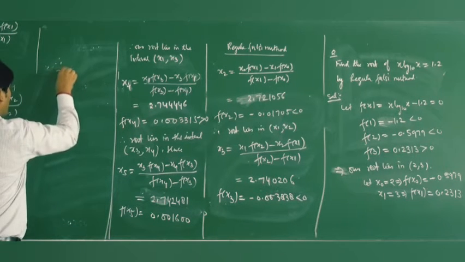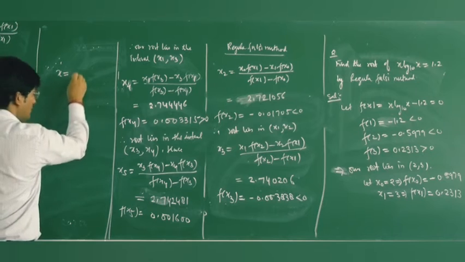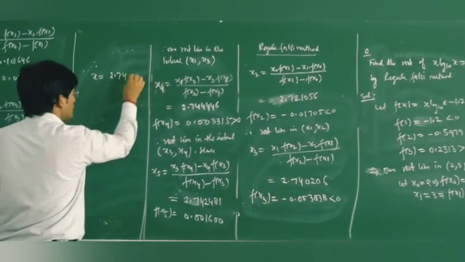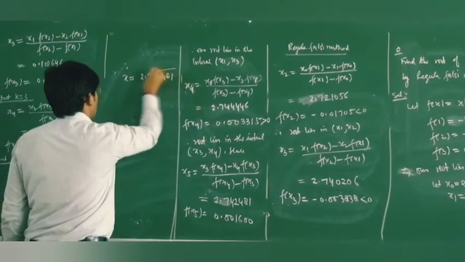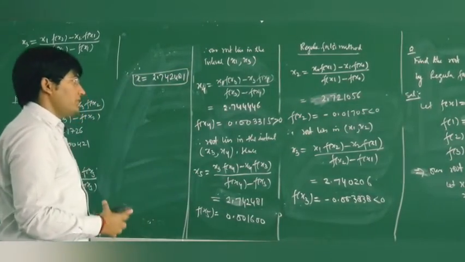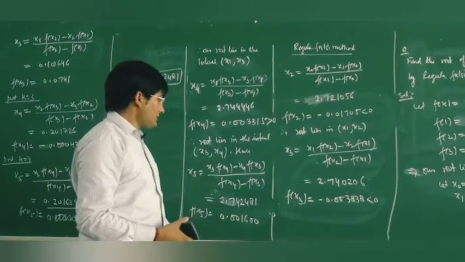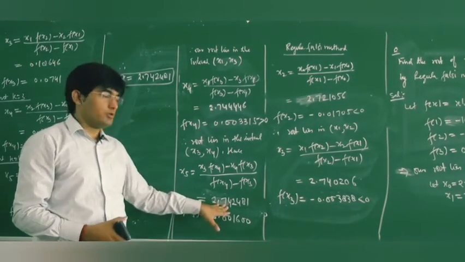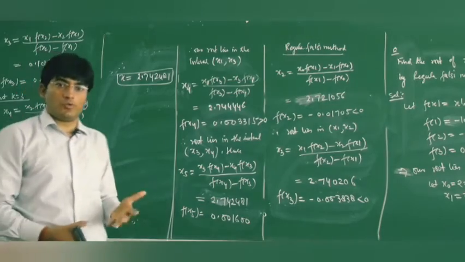Therefore our x is equal to 2.742481. Again we can have more steps, and in the coming steps we can have the root correct up to decimal 3 or 4 places.